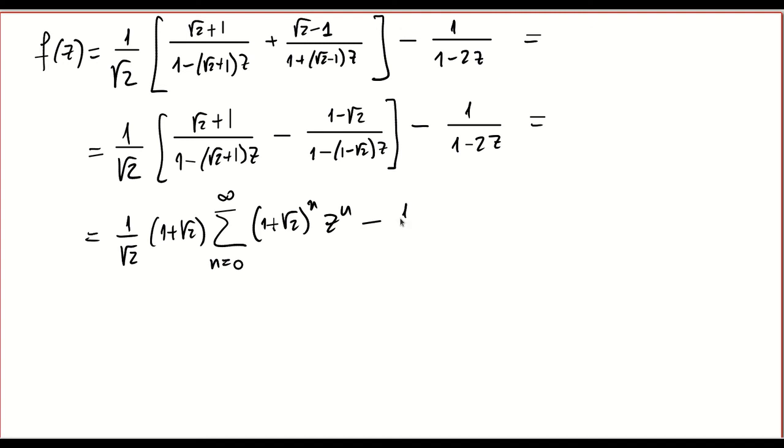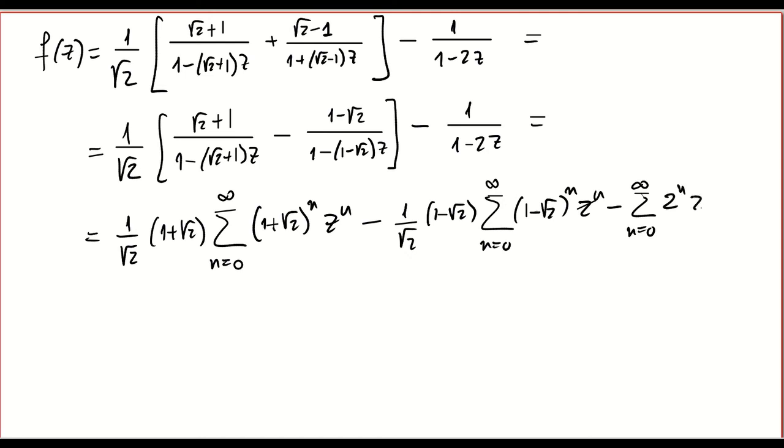Then we have minus 1 over square root 2. Then we have this factor, 1 minus square root 2, and then the sum from 0 to infinity of 1 minus square root 2 to the n, z to the n, right? And finally we have this, which is minus the sum from 0 to infinity of 2 to the n, z to the n. All right? This factor is equal to this. So I can write it this way.